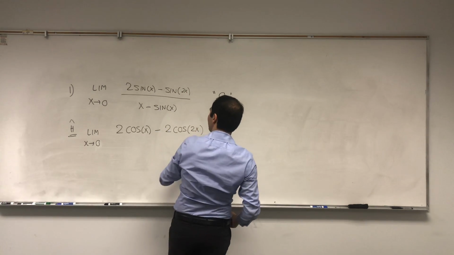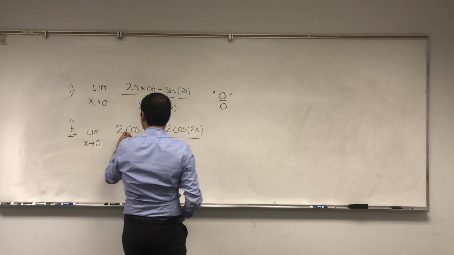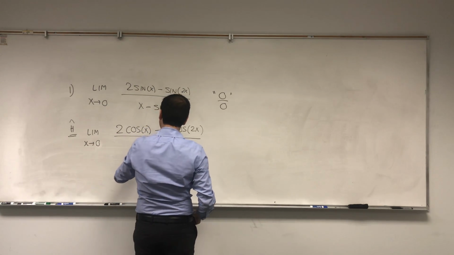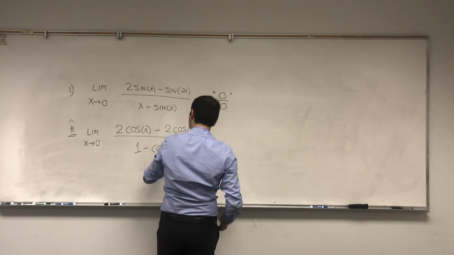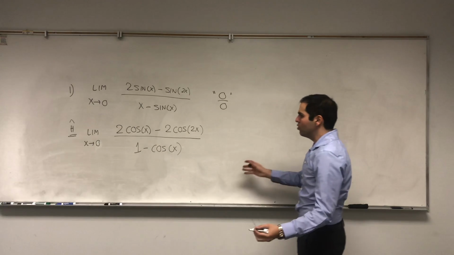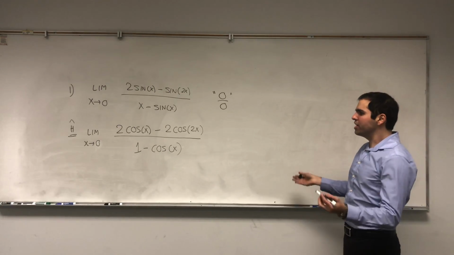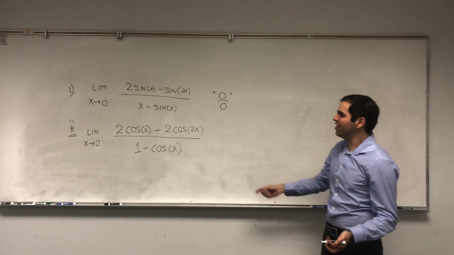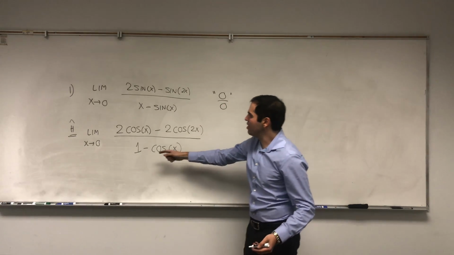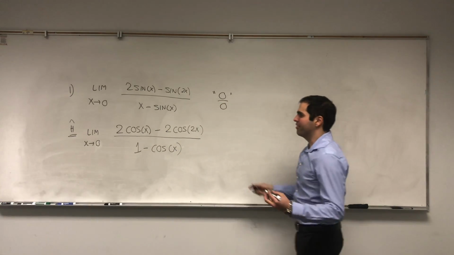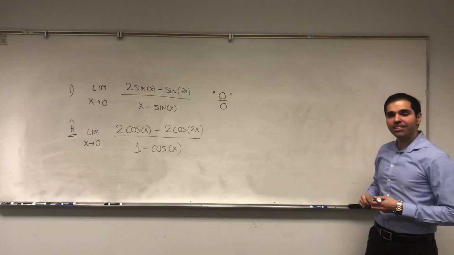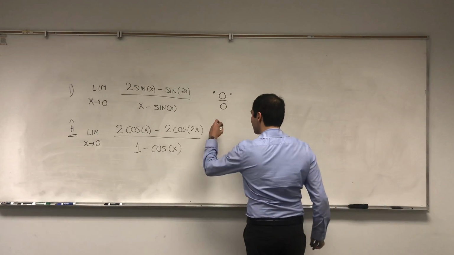So cosine of 2x times 2, and then 1 minus cosine of x, which still doesn't really give us an idea of what's going on. So it's a little bit more simplified because there's no more x. But let's see if we can do better than that.